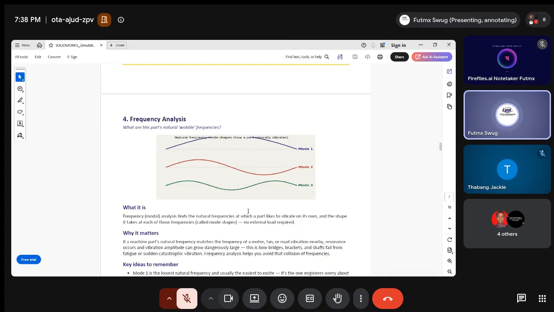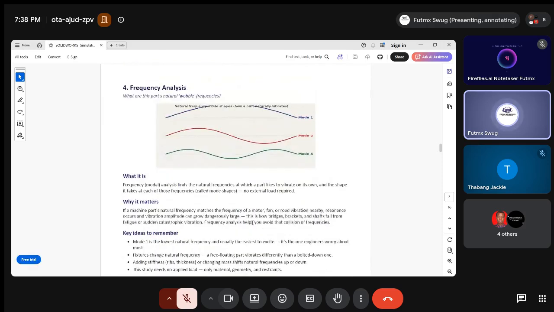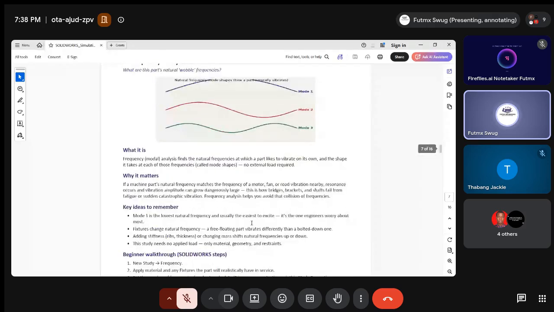I've heard of scenarios where they use this resonance to demolish buildings, where you expose the building to a particular frequency, and then the building collapses.